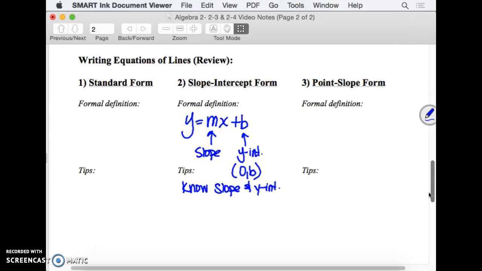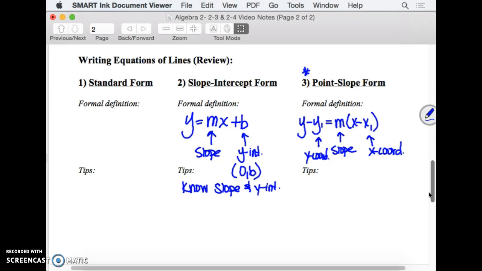The other form that I think you guys have seen that you don't use as often, that I actually really like, is point-slope form. Point-slope form looks like this: y minus y1 equals m times x minus x1. In this case, m is your slope, y1 is the y-coordinate of the point you're given, and x1 is the x-coordinate of the point you're given.